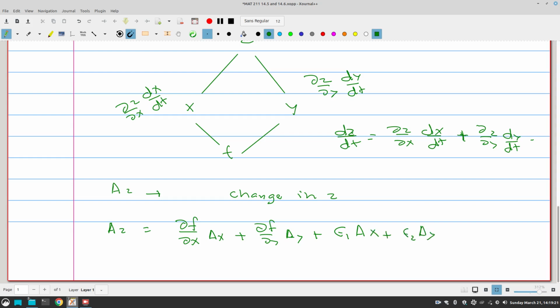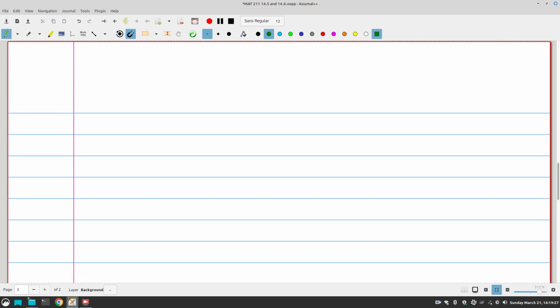Of course, delta x and delta y are changes in x and y. And epsilon 1 and epsilon 2 go to 0 as delta x, delta y go to 0.